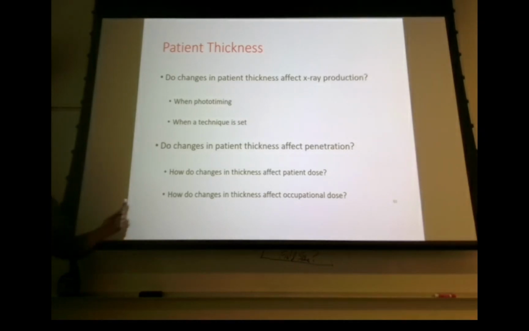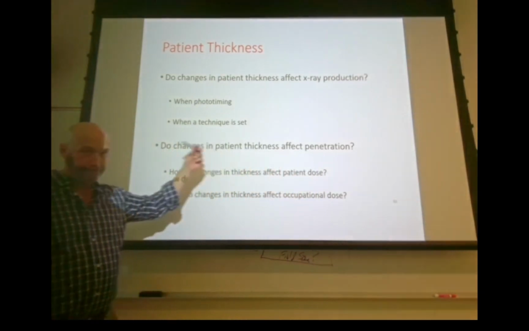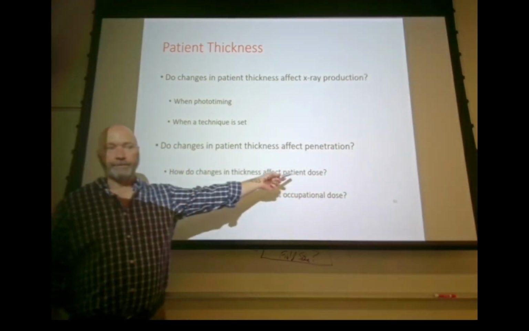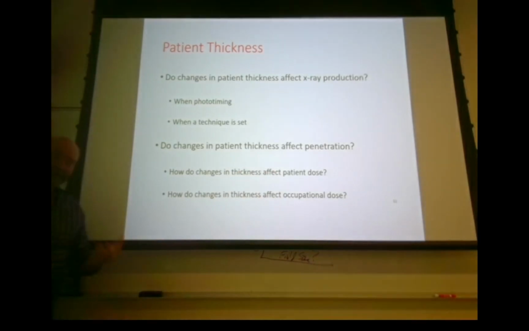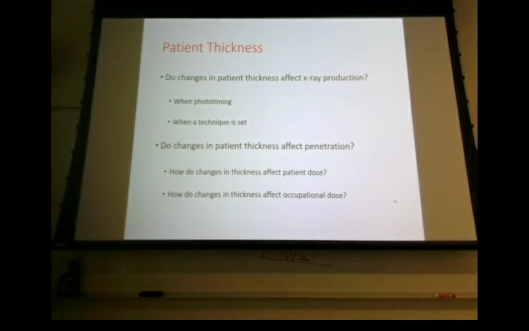Again, you're going to have a tendency to think, well, we've got a penetration issue. What controls penetration? kVp. kVp, right, so I need to increase my kVp. And again, according to the literature, the answer is no. You don't need to increase your kVp. You have fewer photons that are penetrated, but theoretically, your kVp is high enough to penetrate that patient.